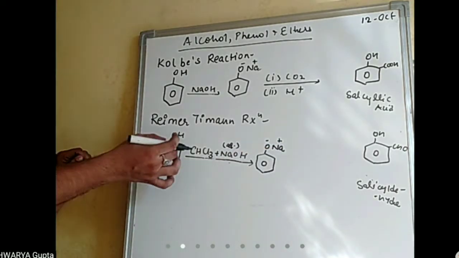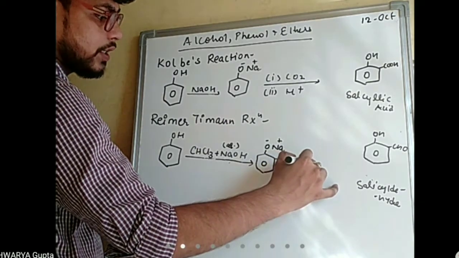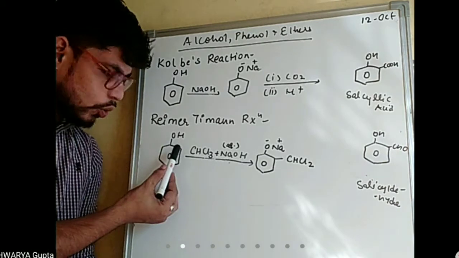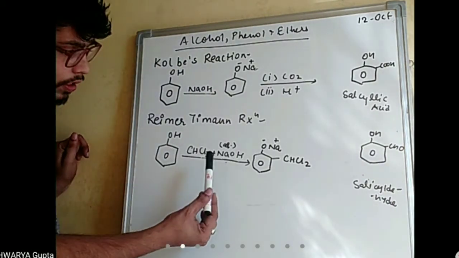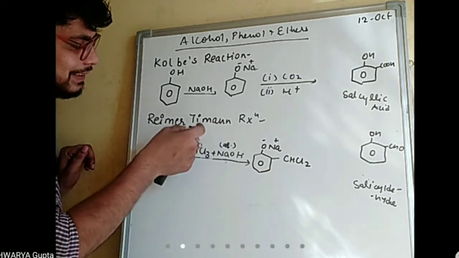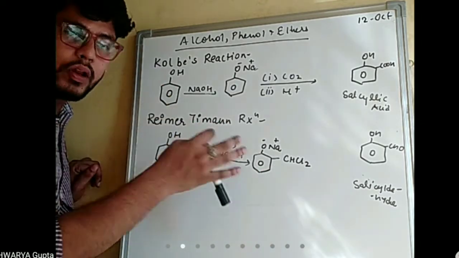Also, due to the chloroform part, CHCl3, there will be formation of an intermediate CHCl2, in which one chlorine and a hydrogen are removed as HCl, and this product is formed.